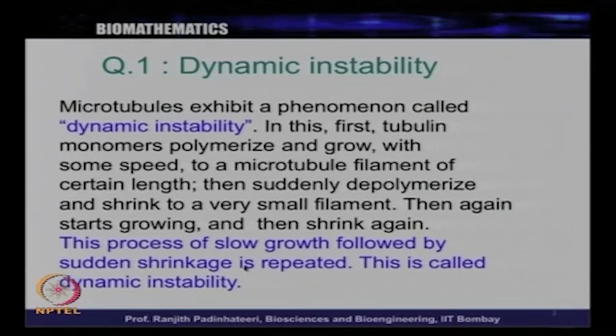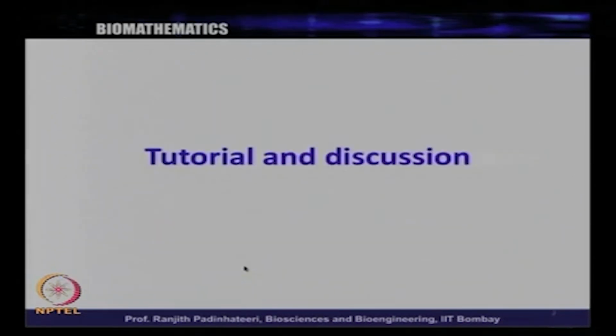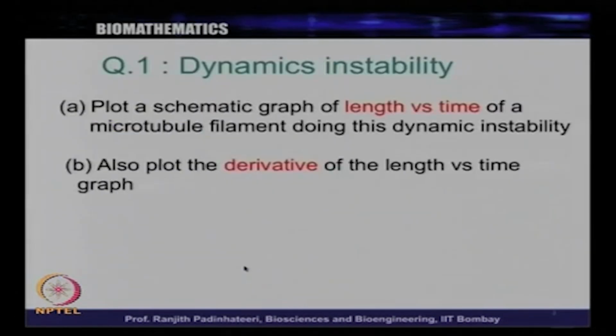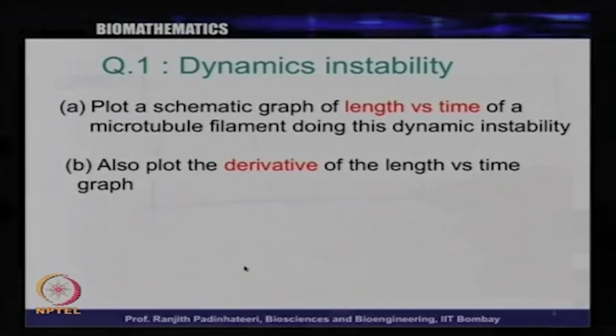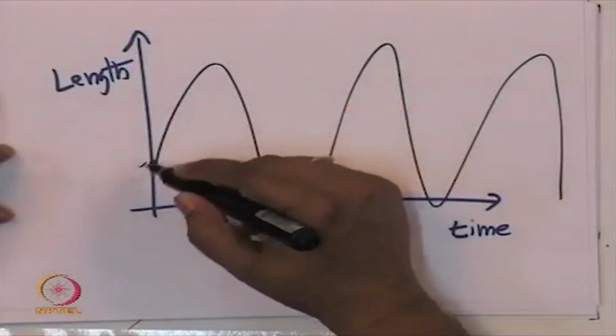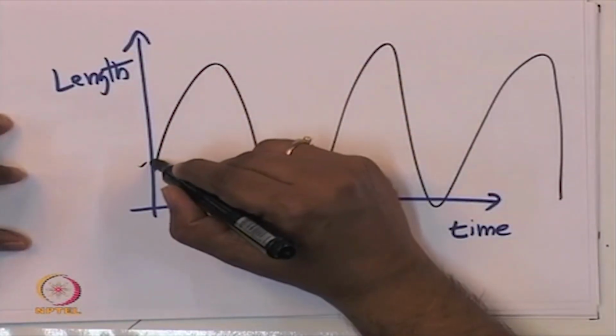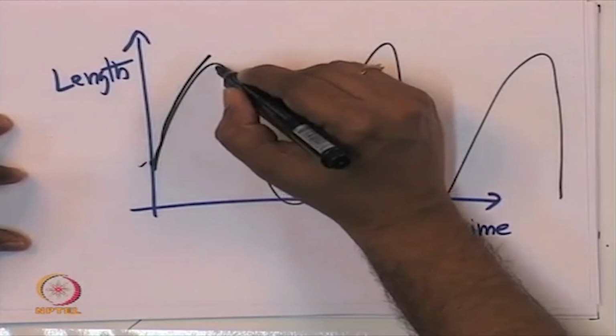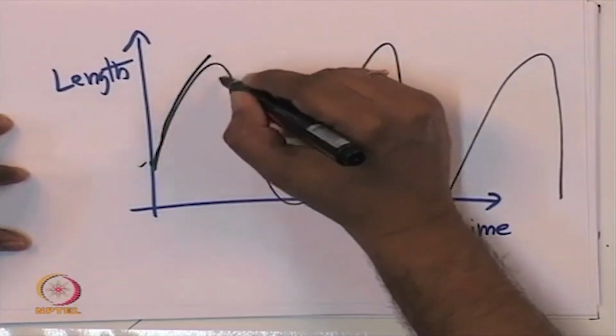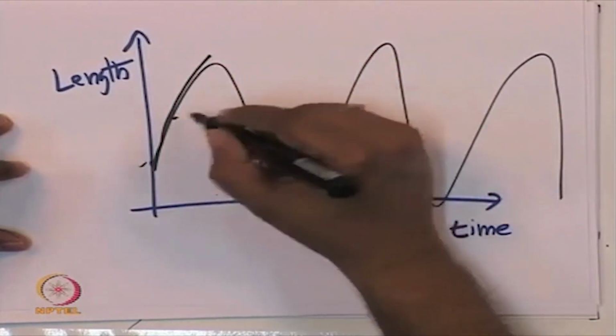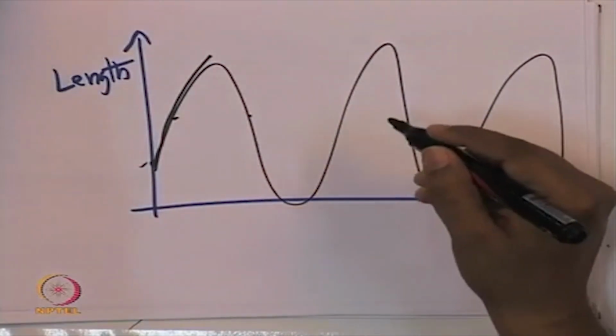Slow growth means the speed is very low. So, what is speed? Speed is basically how fast it grows. So, if it grows slowly, the shrinkage has to be faster than that. So, this slope has to be larger than this, it has to shrink faster.